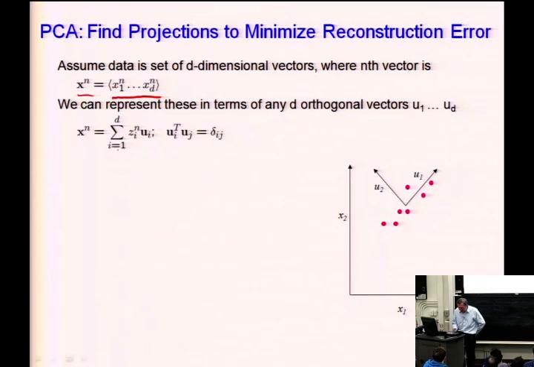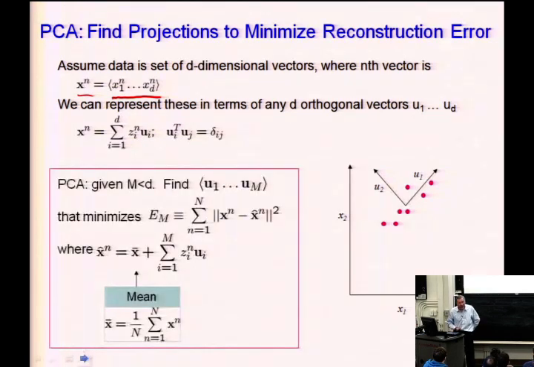Any of those vectors can also be represented as the sum of the projection of that point onto u1 plus the projection onto u2 with weights z1 and z2. Okay. And so what PCA does is solves the following problem.